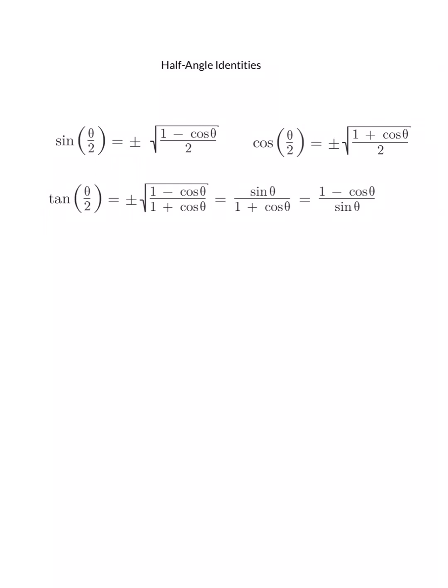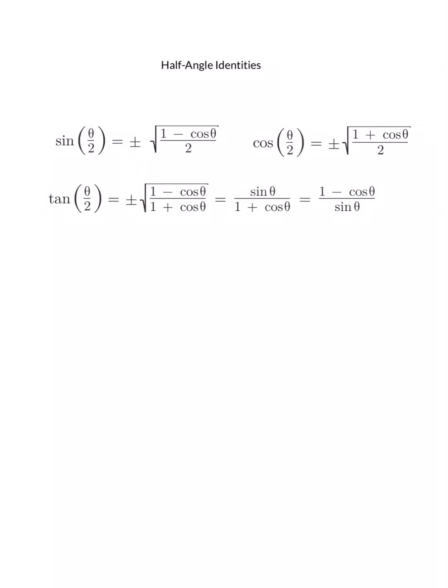The plus or minus out front means that you must determine before you even start whether the sine value for that angle will be positive or negative, and this is based on what quadrant the given angle lies in. Cosine theta over 2, notice, is very, very similar. You have to determine whether it's positive or negative. And then inside the square root, you have 1 plus cosine instead of 1 minus cosine in the numerator over 2.